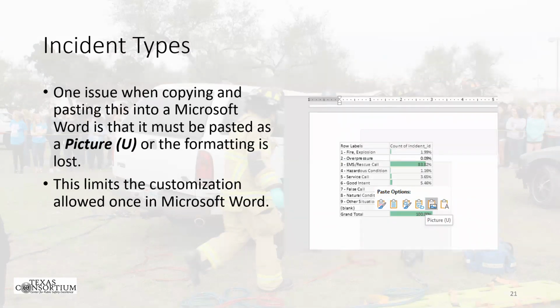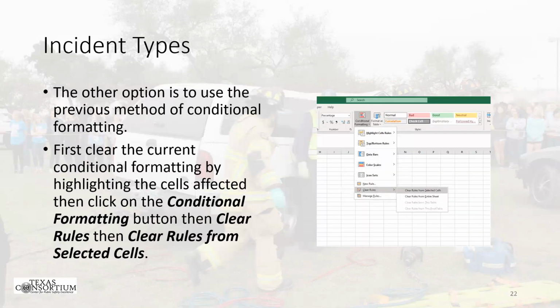One issue in copying and pasting this into Microsoft Word is that it must be pasted as a picture or the formatting is lost. This limits the customization allowed once in Microsoft Word. The other option is to use the previous method of conditional formatting.